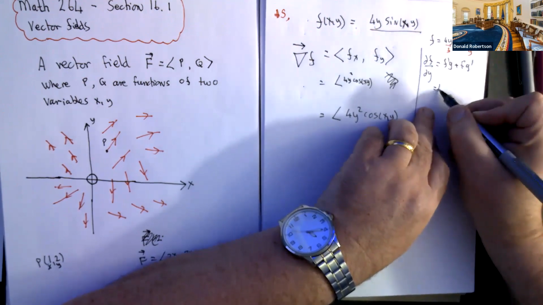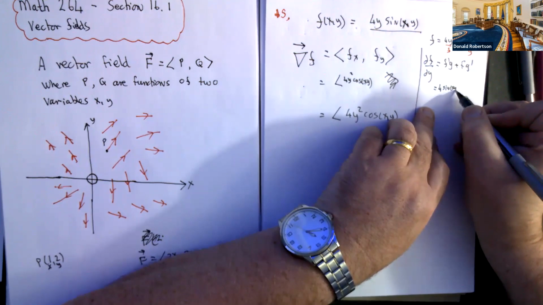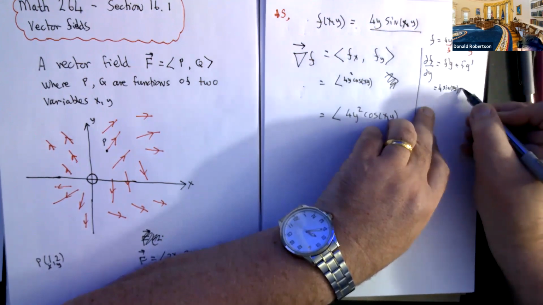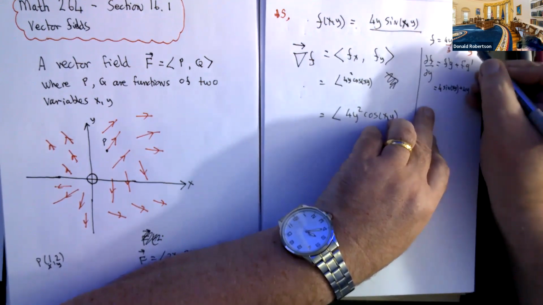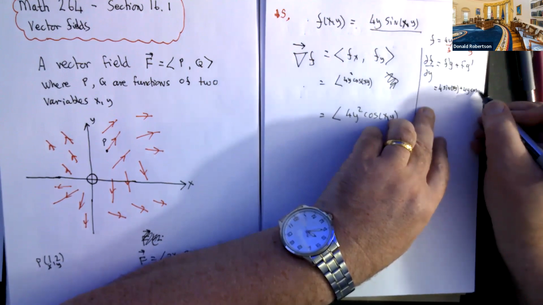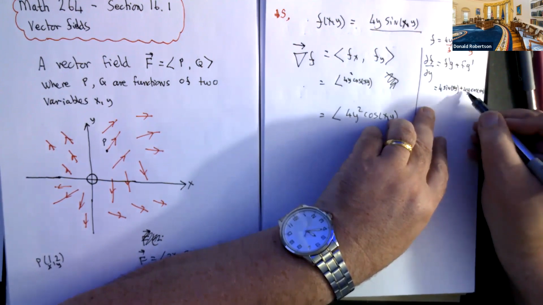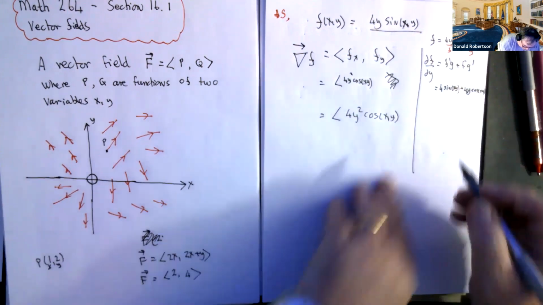The derivative of this guy is 4. Leave that guy alone. That guy you leave alone. And this guy you differentiate with respect to y, and that will get you a cosine of xy times the derivative, which generates another x.